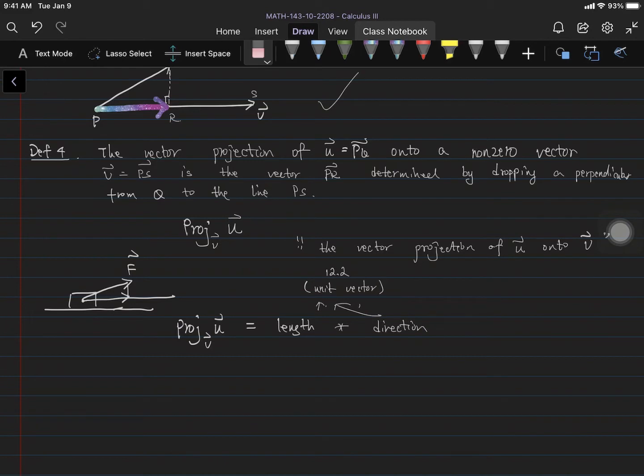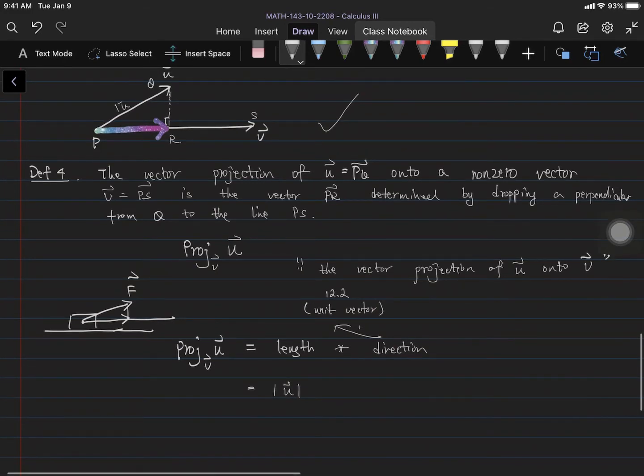Length equals the length of the U vector, and here is theta, the angle between vector U and V. So the length of the PR vector is the length of U times cosine theta. Now, what's the direction? The direction vector, the unit vector, equals the V vector divided by its length.